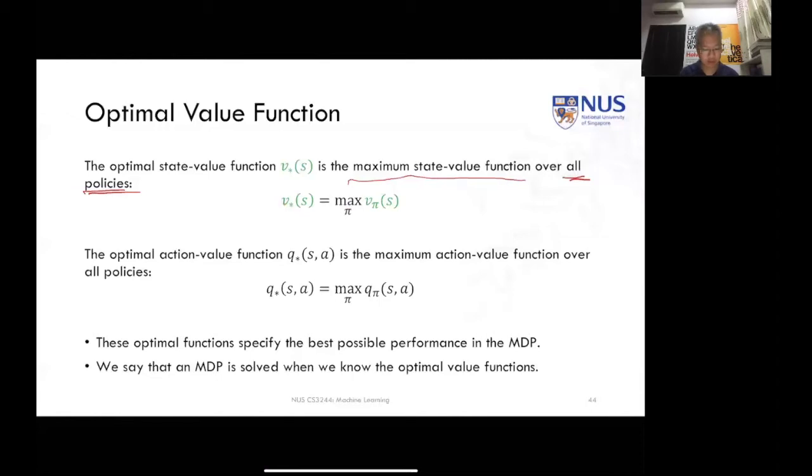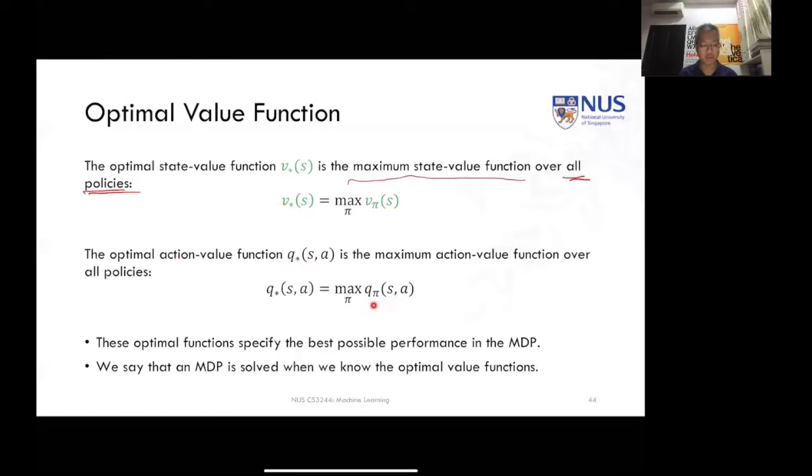We can do the same for the Q function. The Q function here is going to be Q star. It's going to be predicated over, again, the state and the action, and we're just going to define it as the maximum amount of value that I can get by taking any particular action from this state following a particular policy.